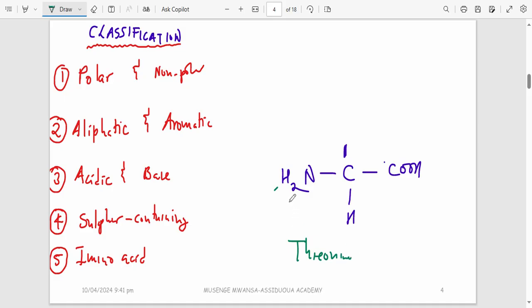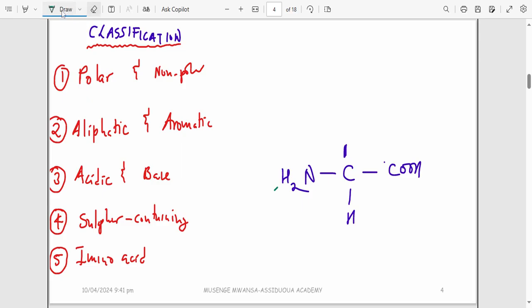For threonine, you have a carbon bonded to a hydrogen, bonded to OH, and then bonded to CH3. It's also hydroxyl containing. Do you think it's polar or non-polar? It's also polar. Excellent. And they are all aliphatic because there's no ring there.